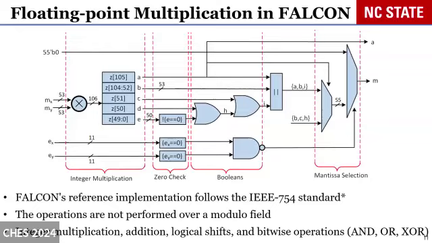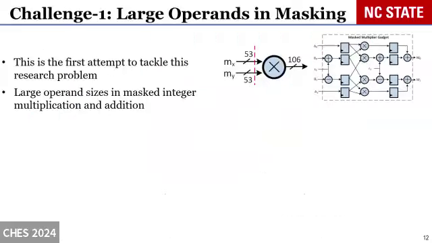The computations are not performed on the modulo field, so you need to figure out a way to do that, because masking is by default defined on modulo computations. And there are a bunch of compute units like integer multiplications, logical shifts, and so on. One challenge in masking this computation is the large integer multiplier.